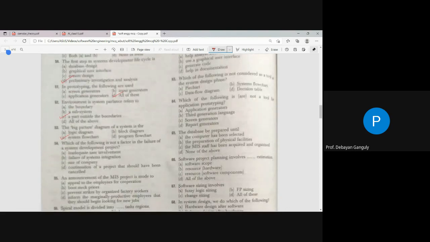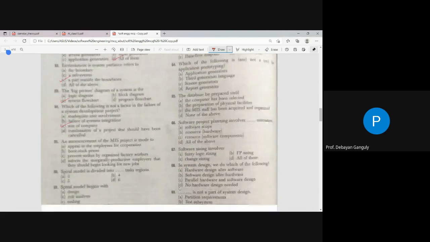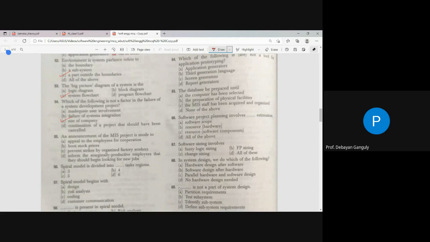Which of the following is not a factor in the failure of a system development project? You can say size of company. An announcement of the MIS project is meant to appeal to the employees for cooperation.